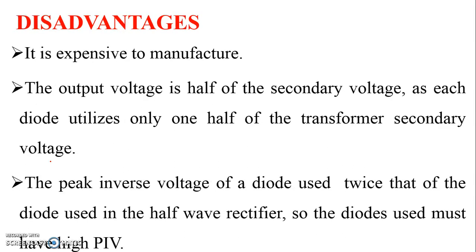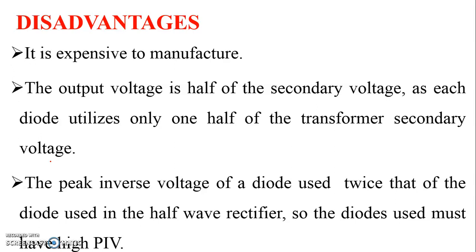Next are the disadvantages. Here we are using a center tapped transformer, and the manufacturing of a center tapped transformer is very expensive. Next, the diode utilizes only one half of the transformer secondary voltage.